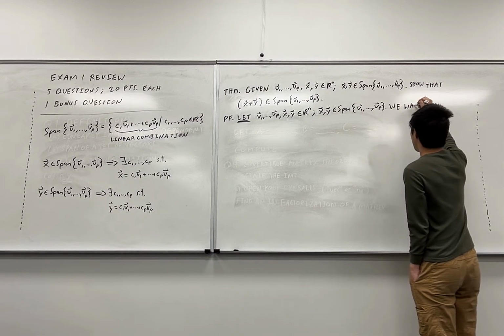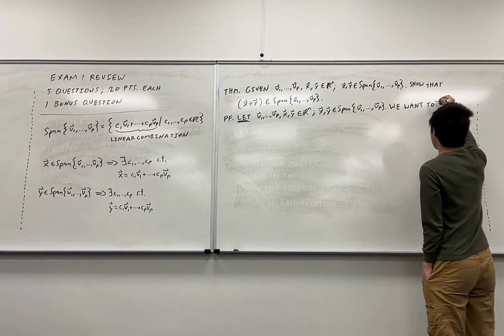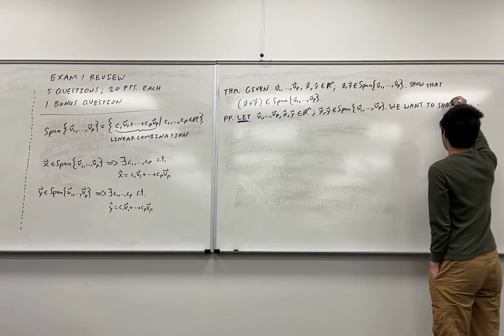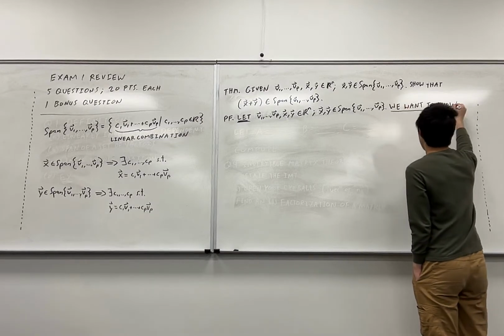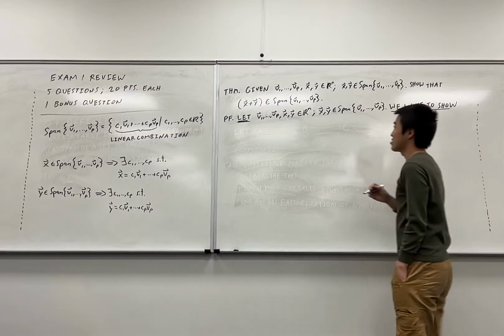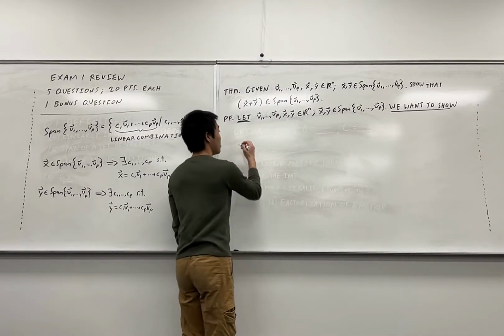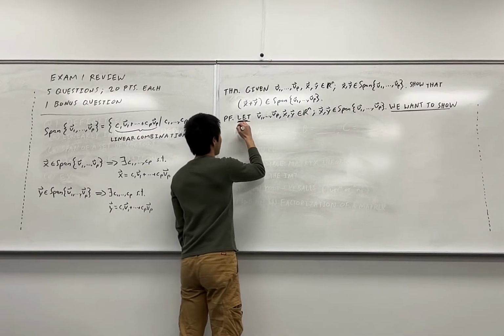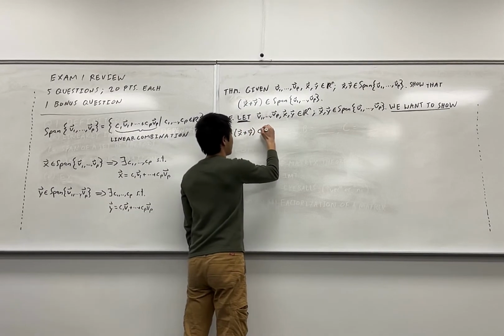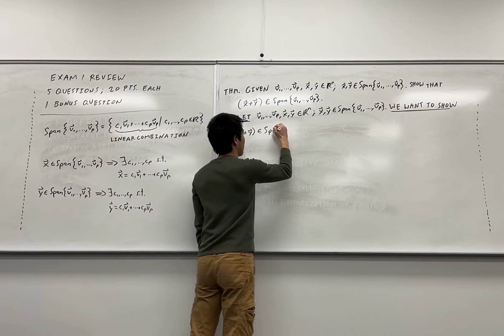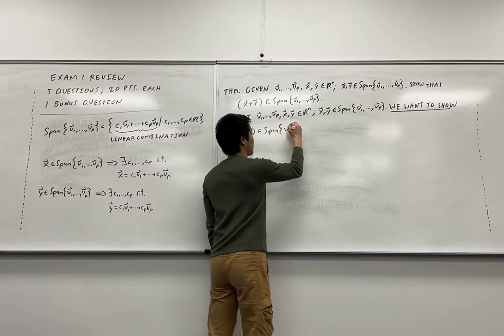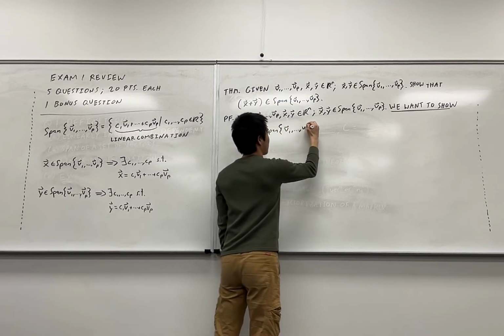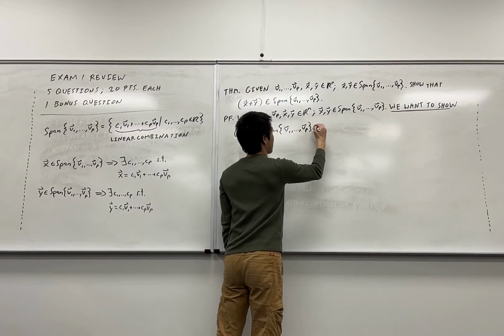We want to show, so here's a key connector idea, that the vector x plus y is in the span of v1 through vp.